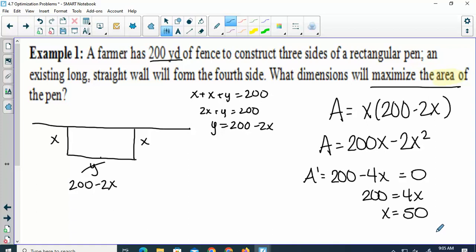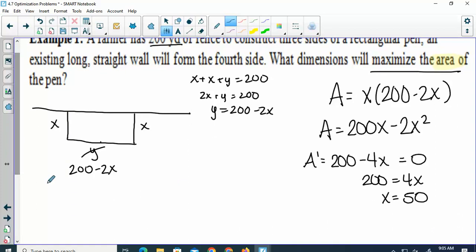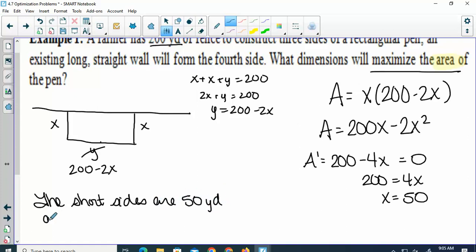And now what? So x, those were the short sides. And the long side is, how would I find this side?